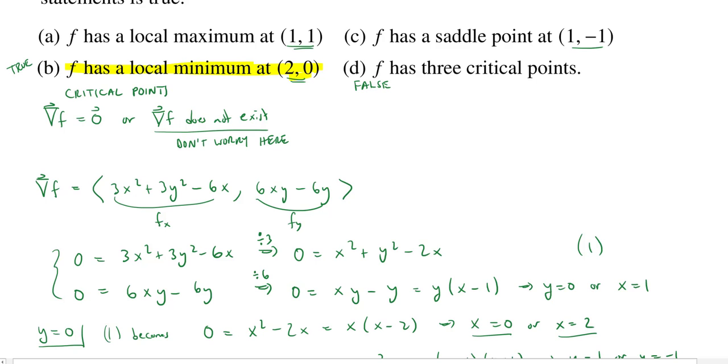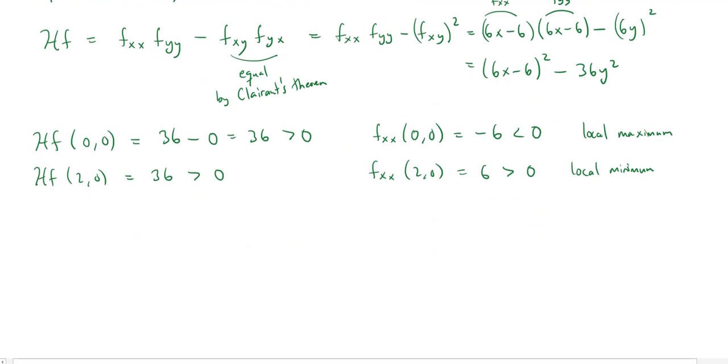All right, let's check the other 2 points, (1, 1) and (1, negative 1). So if we check at, say, (1, 1), now our Hessian, when x is 1, we're going to get 6 minus 6, that's 0. That goes away. So 0 minus, and now when y is 1, we'll get minus 36, which is, of course, negative 36. That's a negative number.